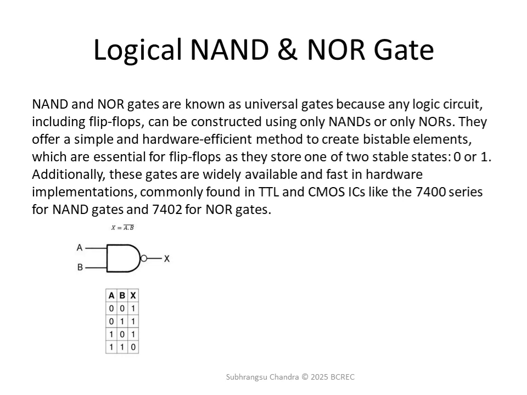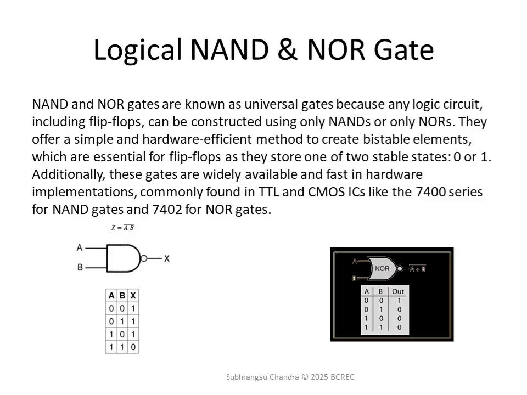Means once you are providing 0 in either A or B, you will be able to see that the output is 1. In case of a NOR gate, once you provide 1 to any of the pins, either A or B, you will be able to see the output is 0. That's why we can say that the NAND gate is decisive on 1 and the NOR gate is decisive on 0.